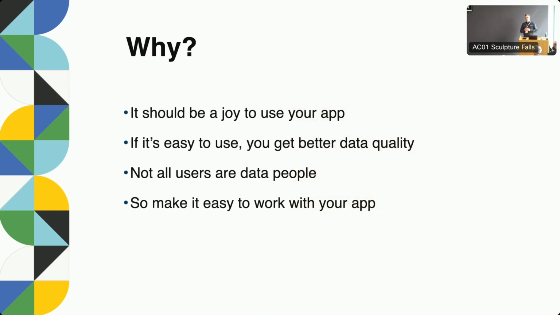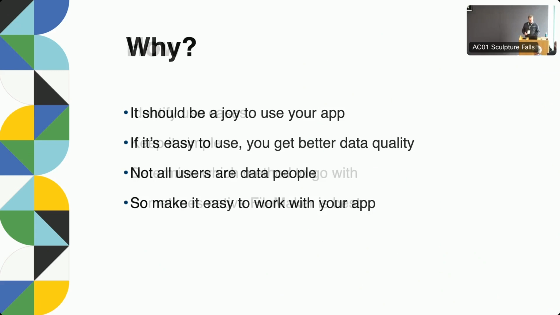And bear in mind, not all people are data people. So we need to take that into consideration. That really starts from looking at the users of the app and thinking about who these people are, what they are doing, and what they need your app to do. There are so many people who are not office people, and we build apps for them as well.